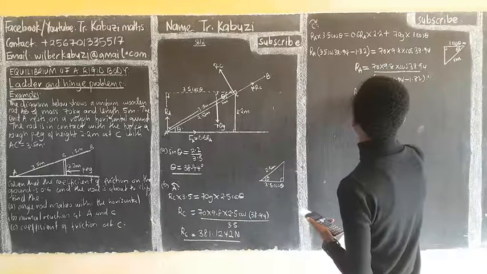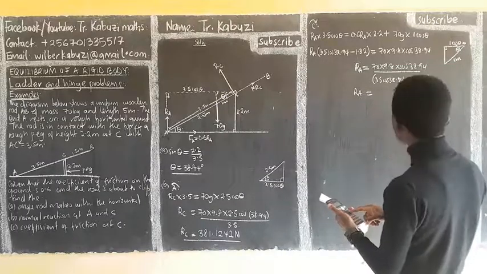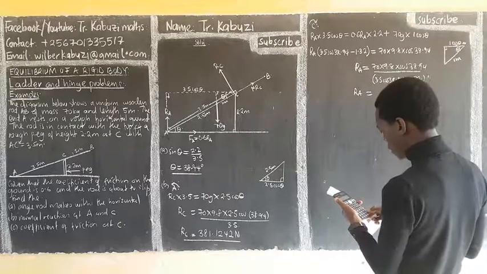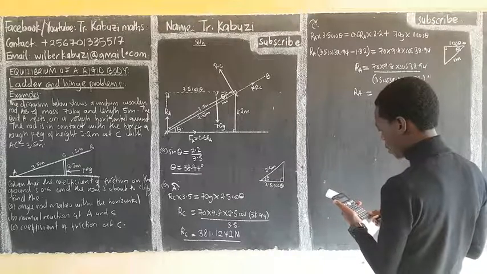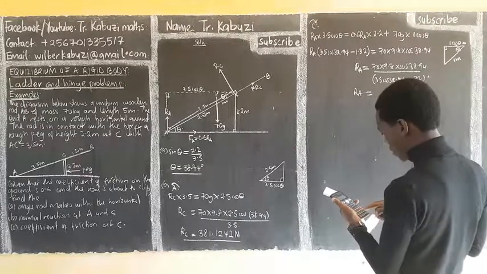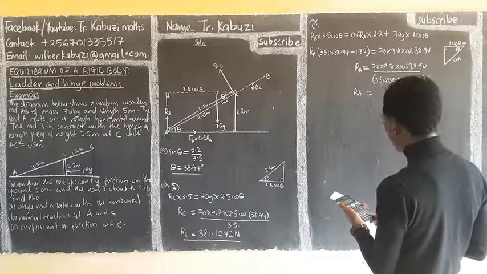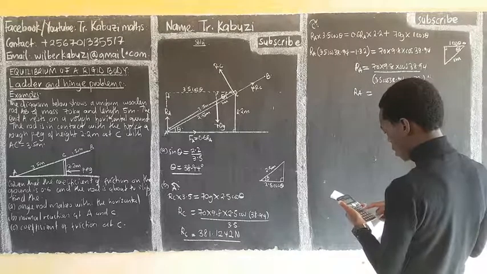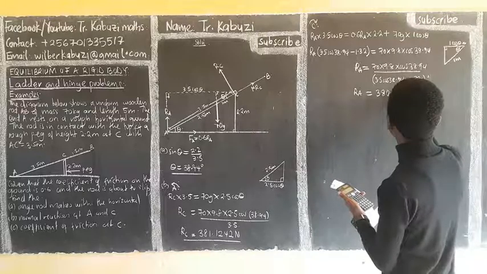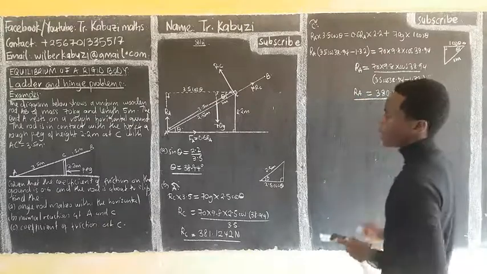So here, my RA, the value I get, is going to be 380.4948 Newton. So that's my reaction at A.